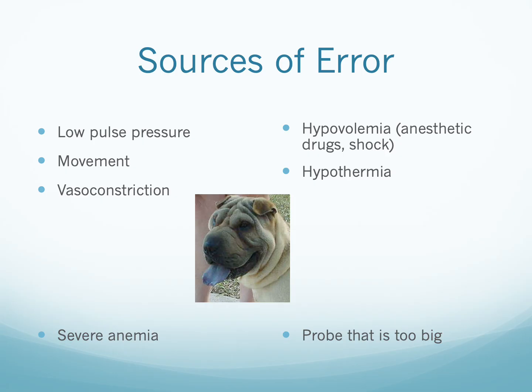But there are sources of error. Because we need that pulsatile flow, movement, severe vasoconstriction, even hypovolemia and shock will alter that signal and make it hard for us to determine our SpO2.